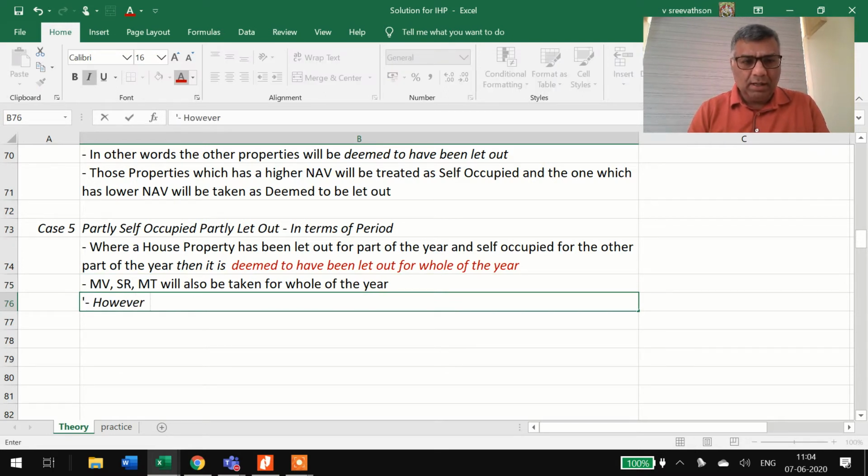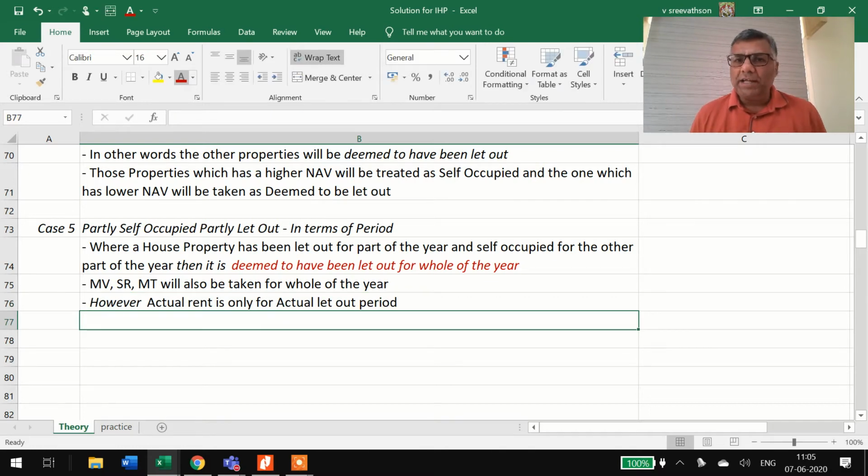However, actual rent is only for the actual let out period. We all know actual rent can only be for the actual let out period. Actual rent will not change; the word itself is actual rent.